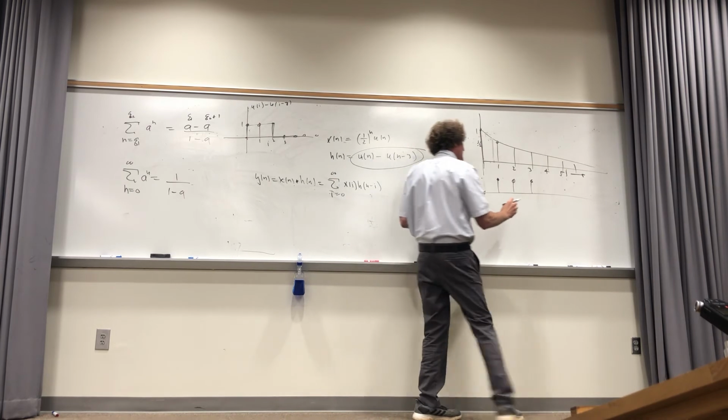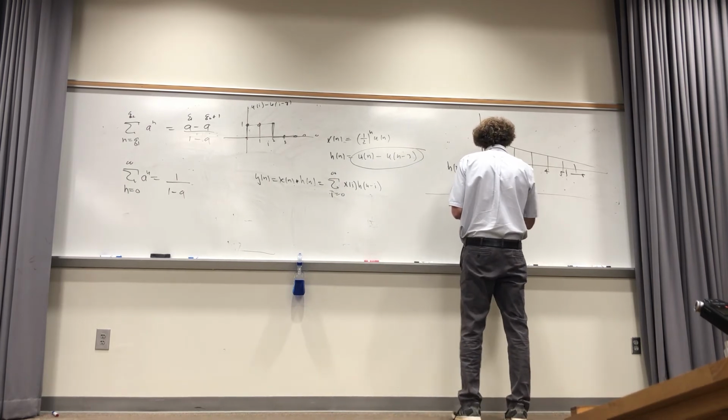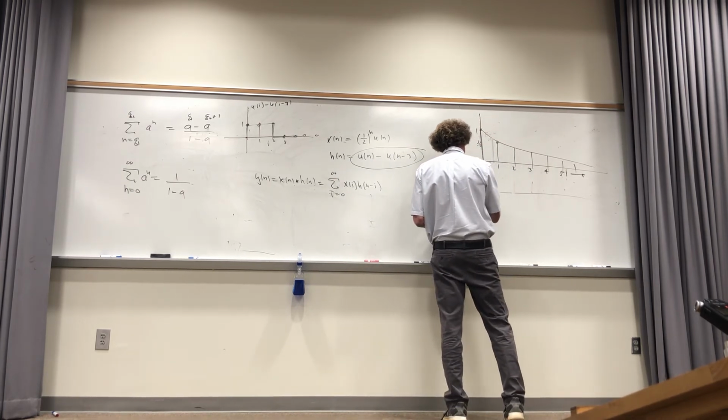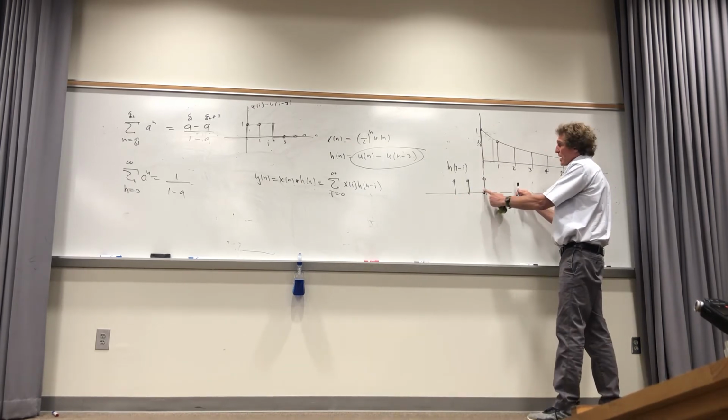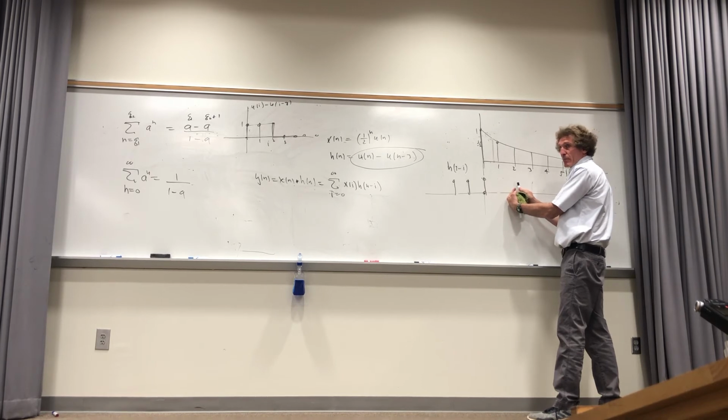So I'm going to go back, and I'm going to say, start here, that's n equals 0. Between 0 and 2, I'm only going to be summing from 0 upwards, right?